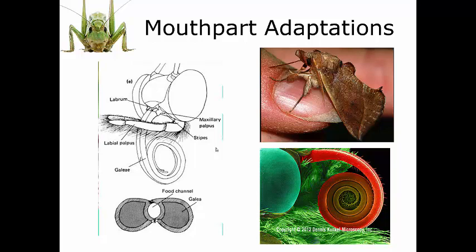The labrum is very tiny, so the upper lip is very tiny. The mandibles are reduced, and the labium is a small and plate-like sclerite on the ventral side of the head. So pretty much every other portion of the mouthparts is super, super tiny, just hanging out at the top there. It's just that lobe of the maxillae that is spiral and coiled beneath the head.